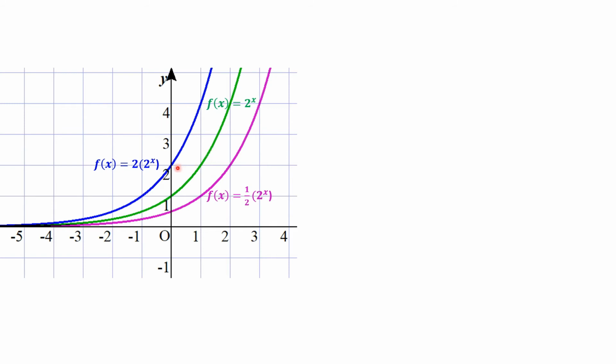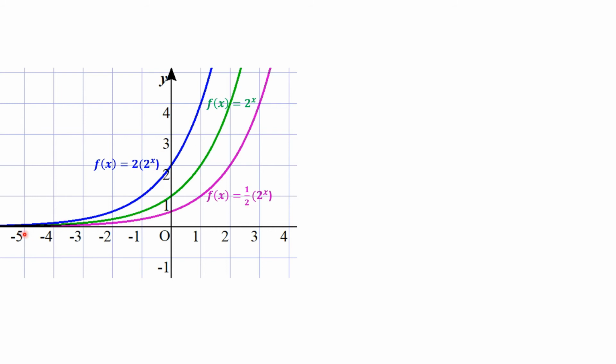So the blue curve or the graph of an equation where a is equal to 2, positive 2, is shifted to the left. However, the graph of the equation with a equals 1/2, that's less than 1, is shifted to the right. So this is greater than 1, a equals 1, and this is less than a equals 1.